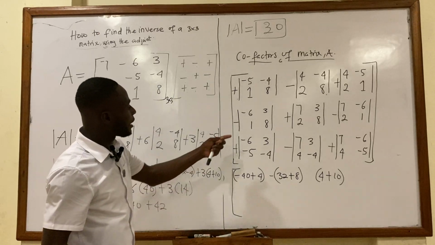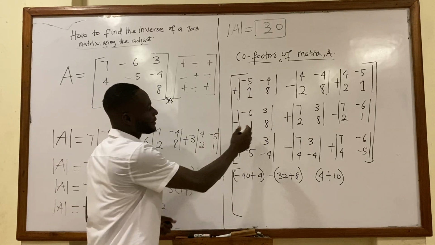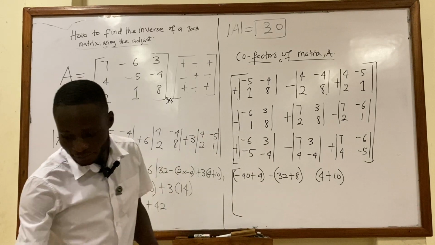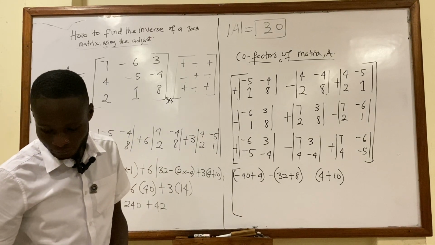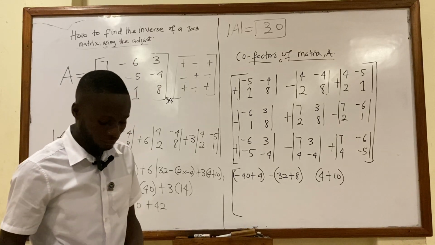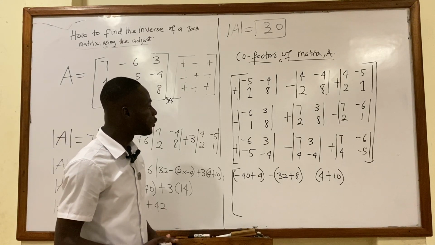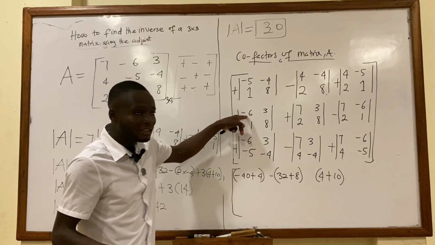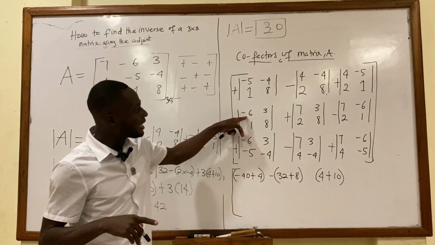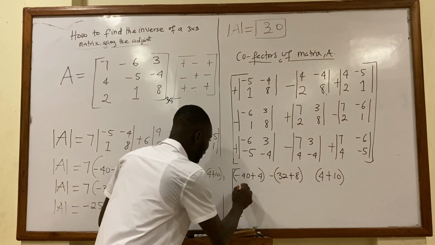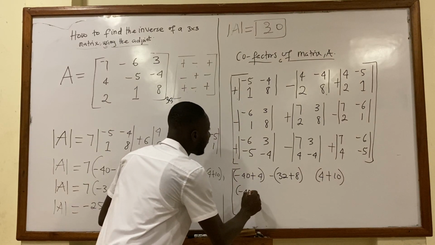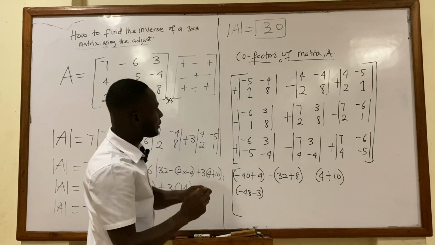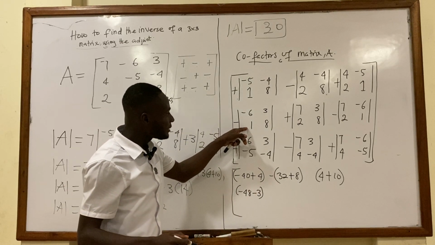And then when we come to the second row, this times this, 6 times 8. 6 times 8 will be 48, but we have negative affecting the 6, so we have minus 48, minus 3, because this is going to be 1 times 3.